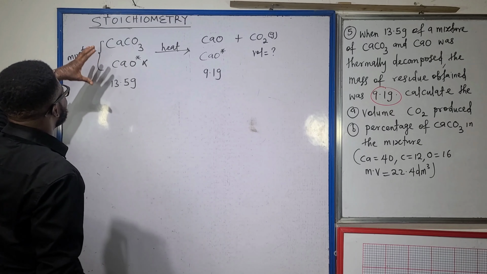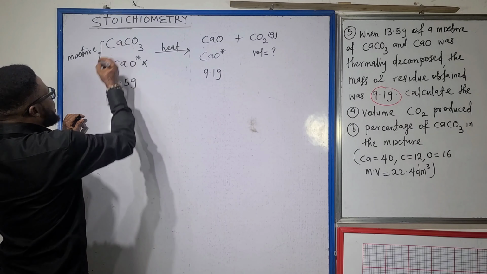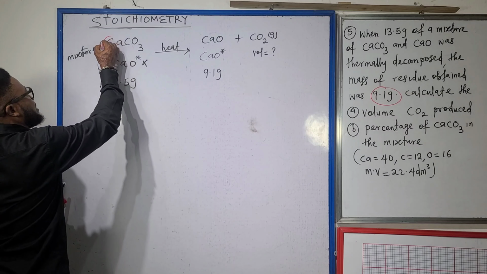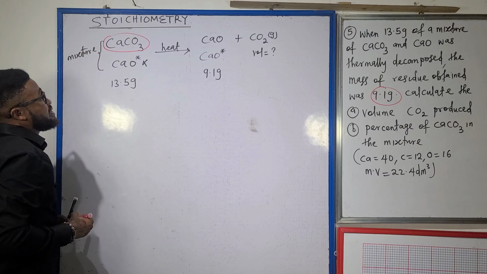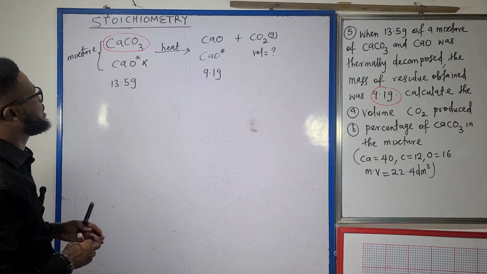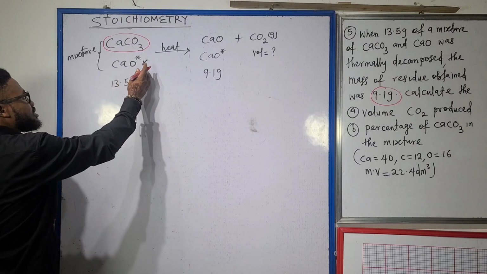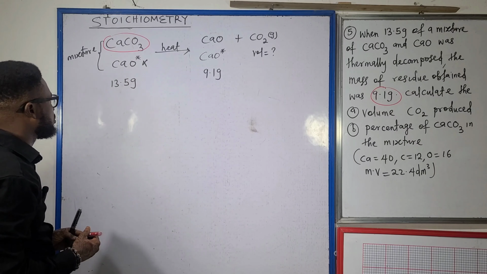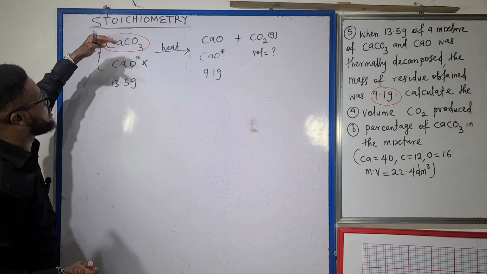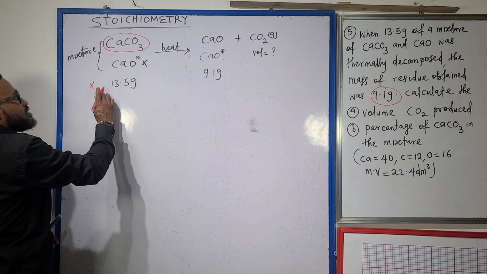So when you look at this mixture, it is only the calcium carbonate here that took part in the reaction. This did not take part in the reaction. So the two of them, calcium carbonate and calcium oxide, being 13.5, means I cannot use this.